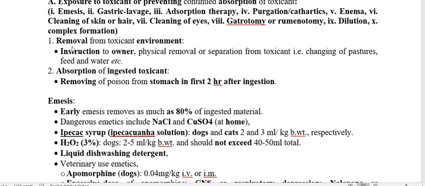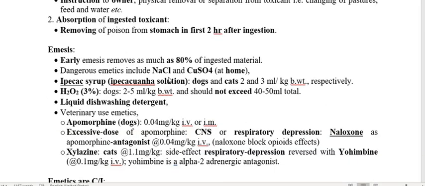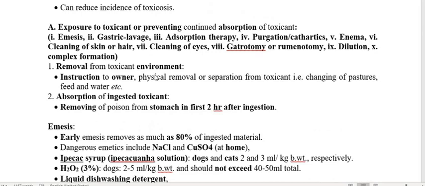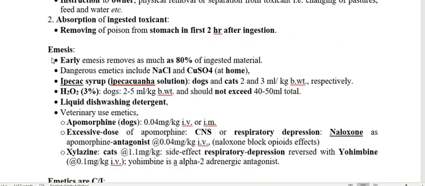You have to treat or prevent the absorption of the toxicant as fast as possible, at least within 2 hours of the ingestion of the toxicant. So this is very, very important. First, what we have to give under the prevention of absorption of toxicant is emesis. What is emesis?